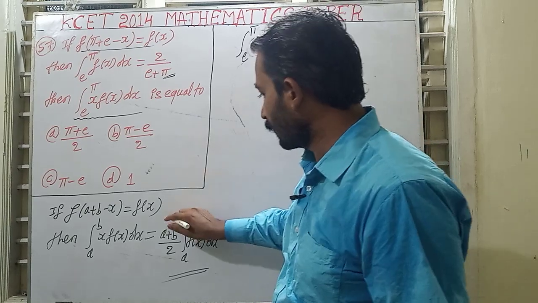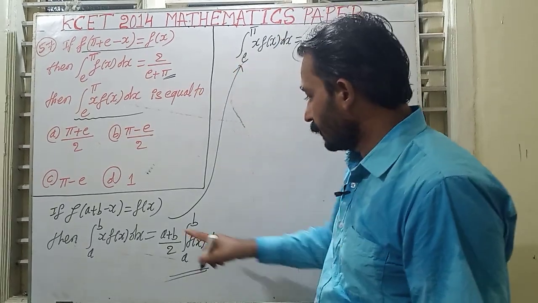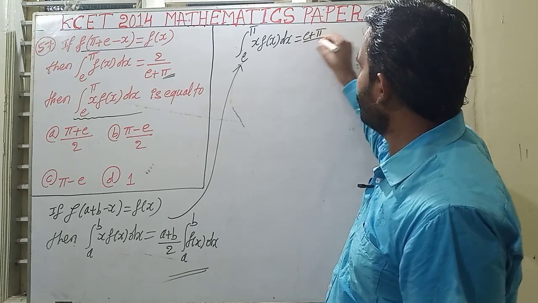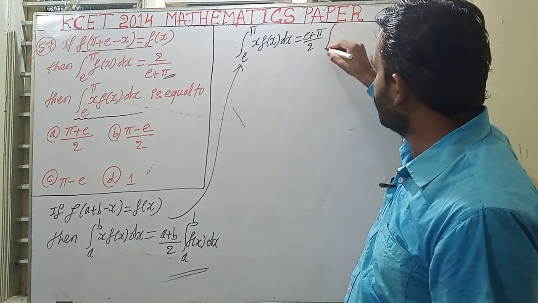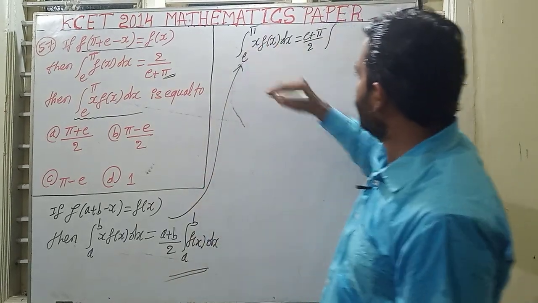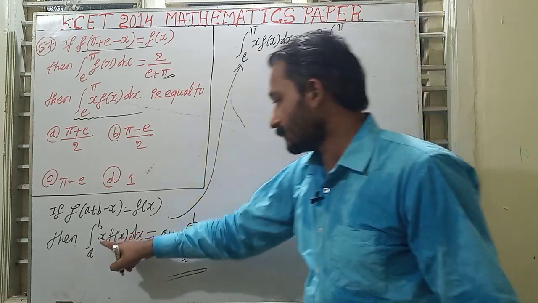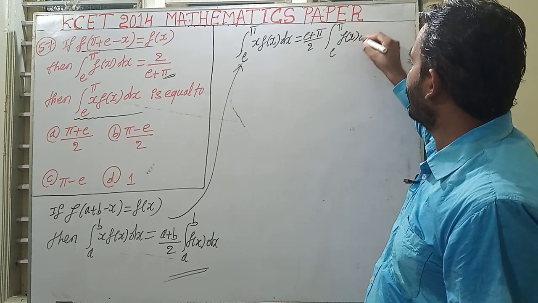Using this formula, we can write a plus b by 2, nothing but e plus pi by 2, times the integration from e to pi. Here x is removed, because x into f of x becomes f of x, and f of x dx as it is.